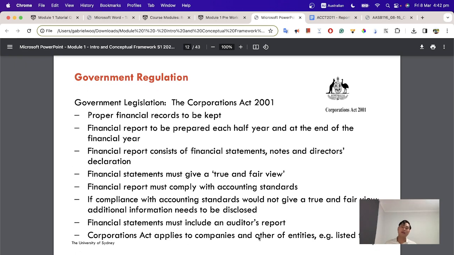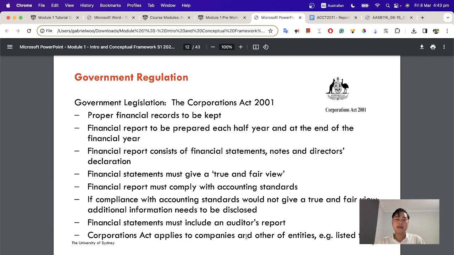So, when we think about government regulation, the Corporations Act 2001 is the main thing that comes to mind. It is the main regulating act passed by the Parliament of Australia, approved by the Queen's representative, the Governor-General, in the Commonwealth, about reporting.